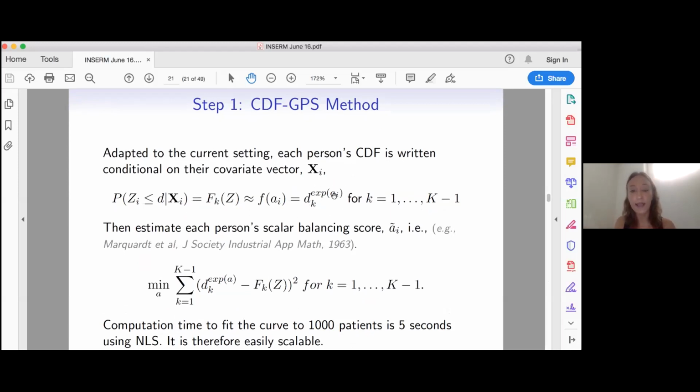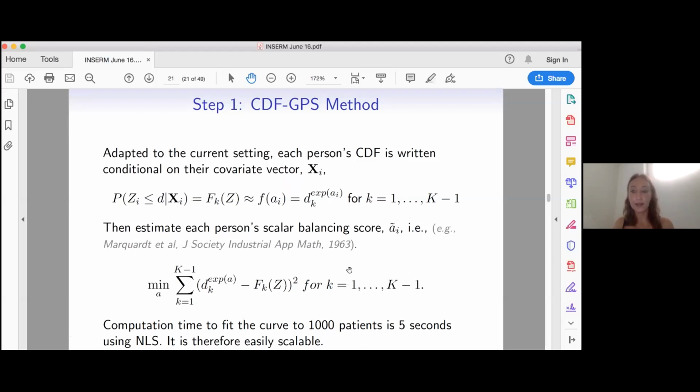So I have one A_i for each person's CDF. So I estimate each person's scalar balancing score A_i, that's what I'm calling A_i tilde, just by minimizing this distance here, which can be done using very old techniques, nonlinear least squares.